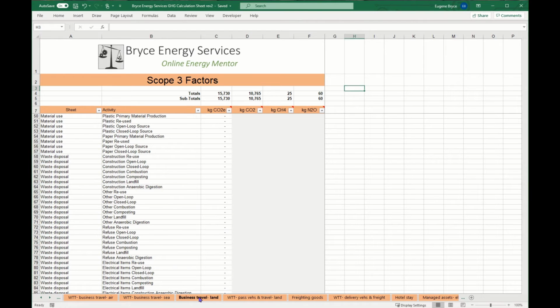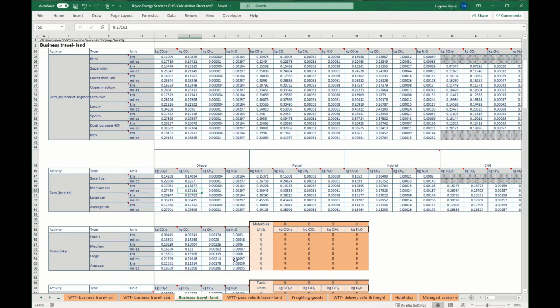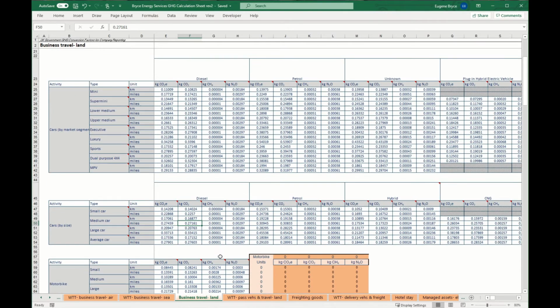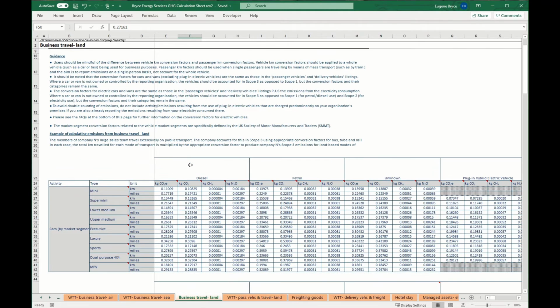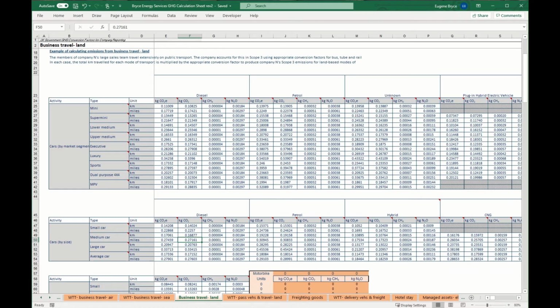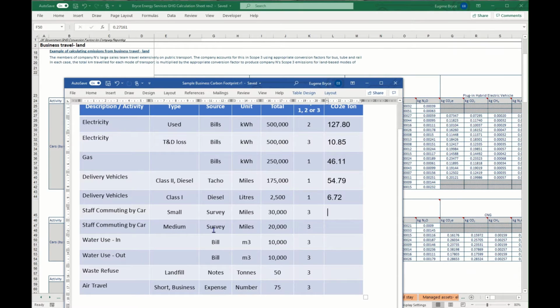We'll go with business travel land as the closest, and we have again a large vehicle, cars owned by employees, so effectively commuting to work. What we've said is in our staff survey, commuting by car, small and medium. So we have 30,000, 20,000. Now this is a bit inaccurate. Ideally we should know the exact size of the car and ideally the petrol consumption, but hey ho.